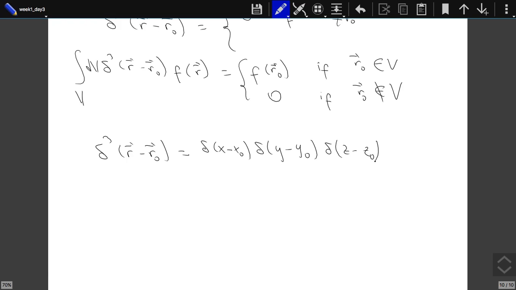Well, it satisfies the criteria. It is 0 if x is not equal to x0, or y is not equal to y0, or z is not equal to z0. It is non-zero only if R and R0 have the same x, y, z components. So that is if R and R0 are equal. If they are not equal, it's 0.